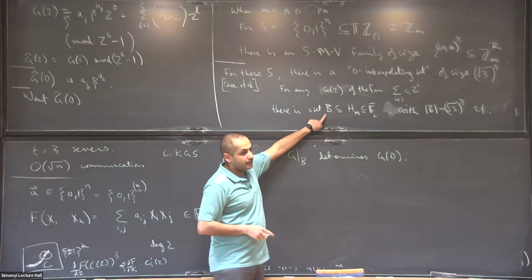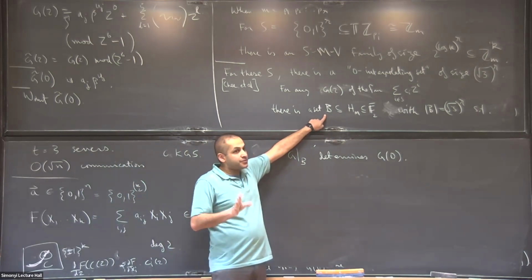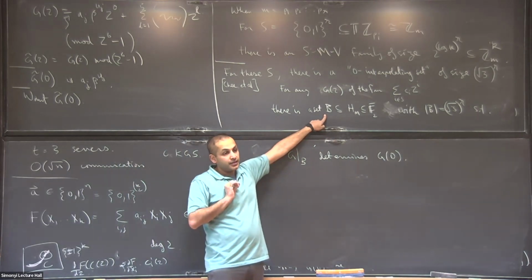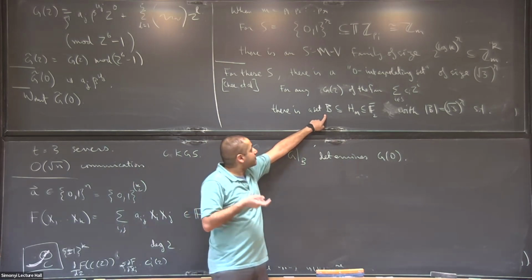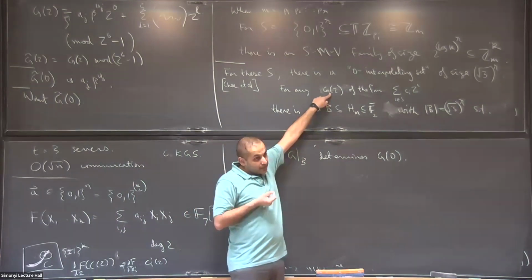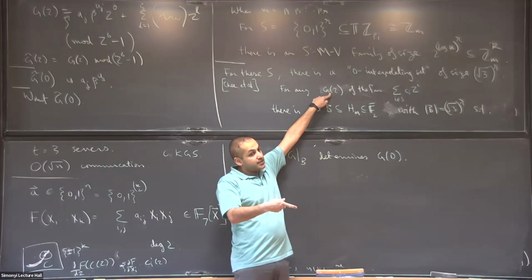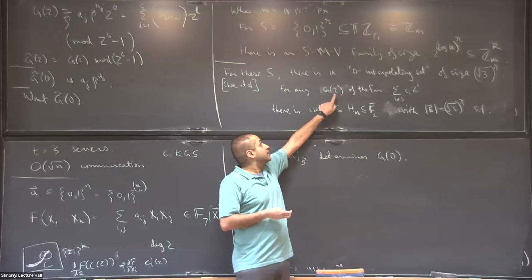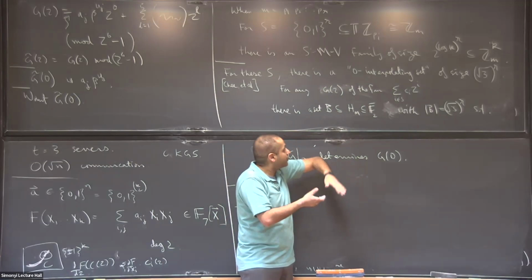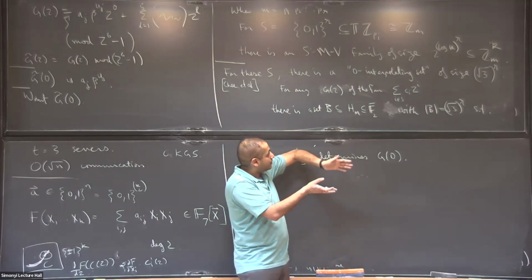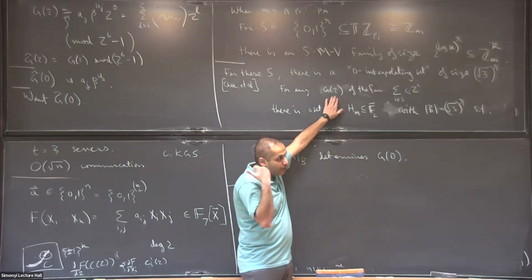What is B? B is a subset of H_m. It is some subset of mth roots of unity. These will be the points at which we would like to evaluate G. We will ask servers for values of F, so that I'm now in the non-derivative scheme.